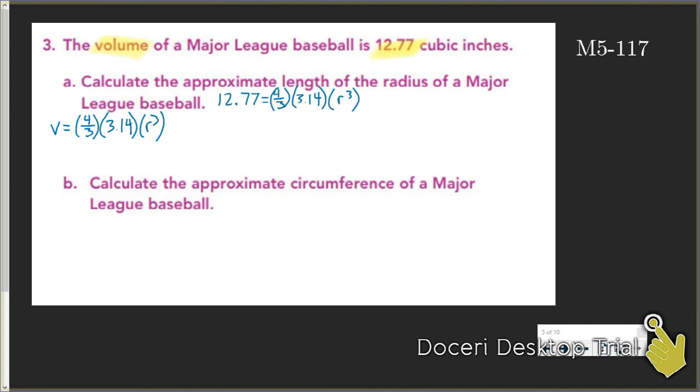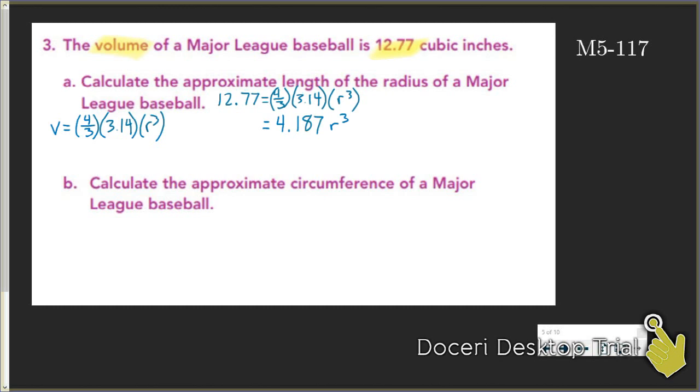Okay. All right, so on my next step I'm going to take that 4/3 and multiply it times pi. So when I do that, I end up getting 4 and 187 thousandths. Okay, I rounded that because on my calculator I got 186 repeated, a whole bunch of sixes, so I just rounded that 6 to a 7, so now I have 4 and 187 thousandths, and that is still times the radius cubed.